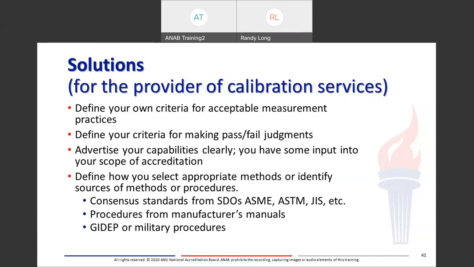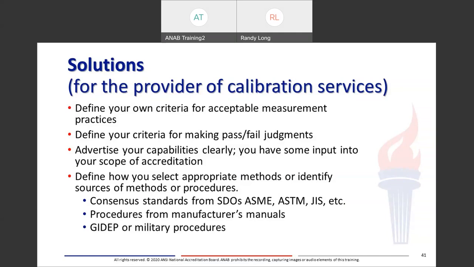Some solutions for the providers of calibration services. One, you should define your own criteria for acceptable measurement practices. Define your criteria for making pass-fail judgments. Advertise that capability clearly. And just keep in mind, if you're accredited, you do have some input into your scope of accreditation.